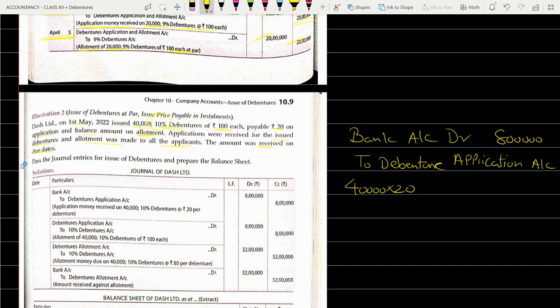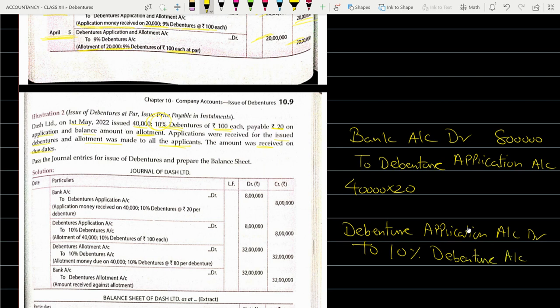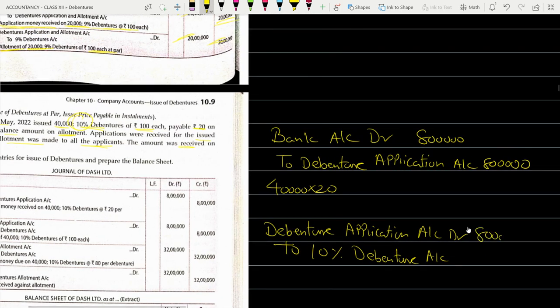The entry should be debenture application account debited to 10% debenture account. So the same amount of rupees 8 lakhs should be transferred. Any doubt up to this?